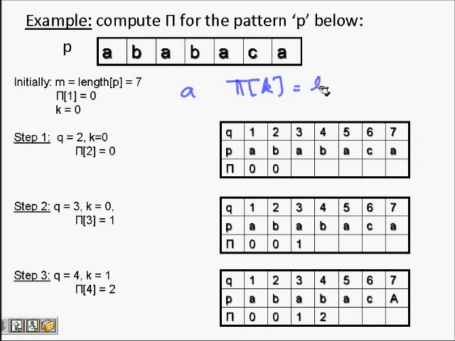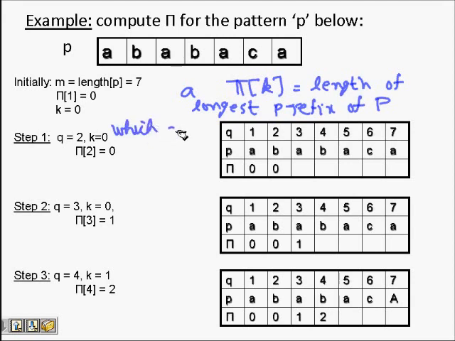So: the length of the longest prefix of p which is a proper suffix of pk, and pk here means the substring of the pattern from 1 to k.